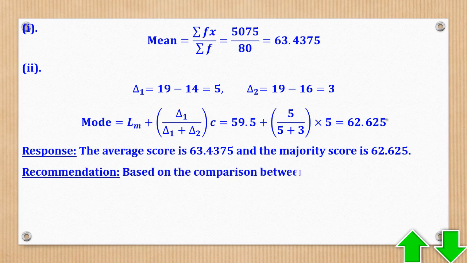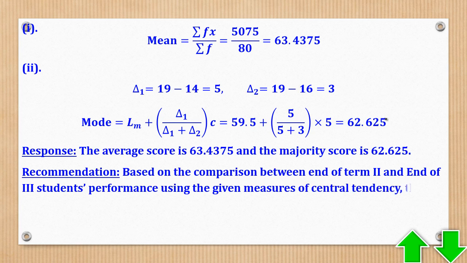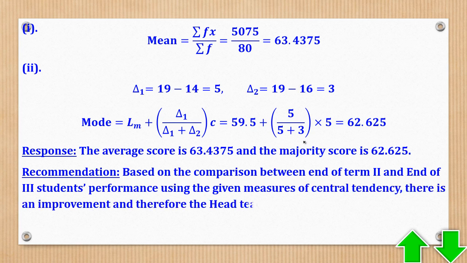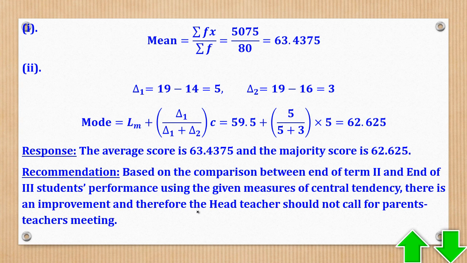So the recommendation is that based on the comparison between second term and third term, there is an improvement, and therefore the head teacher should not call for a parents-teachers meeting. There's an improvement because here we have an average score of 63.4375, majority score of 62.625. Now let's compare with the ones of term 2.